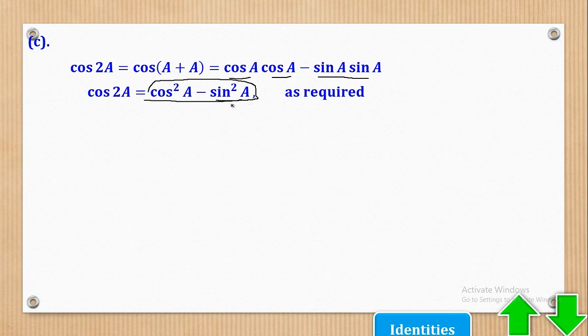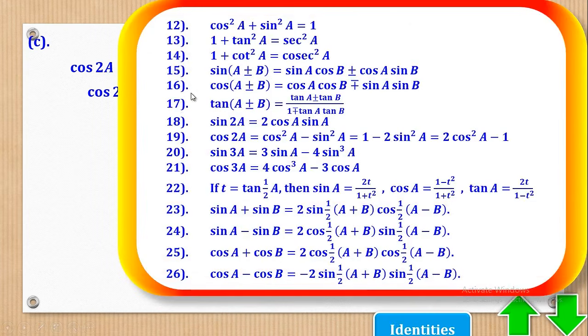Now this identity is very confusing to students. I want you to distinguish it from the one in the mathematical tables. In the mathematical tables, it is plus: cos squared A plus sine squared A is equal to 1.